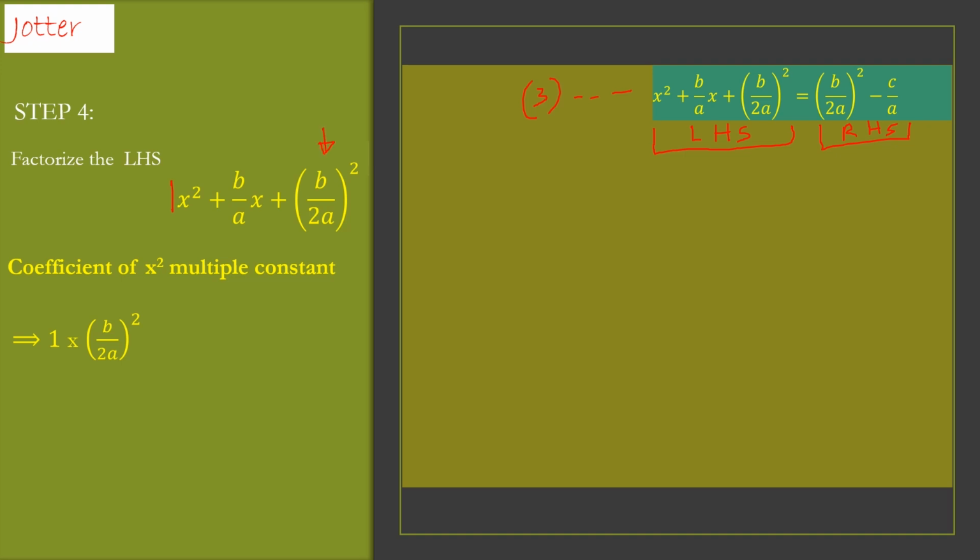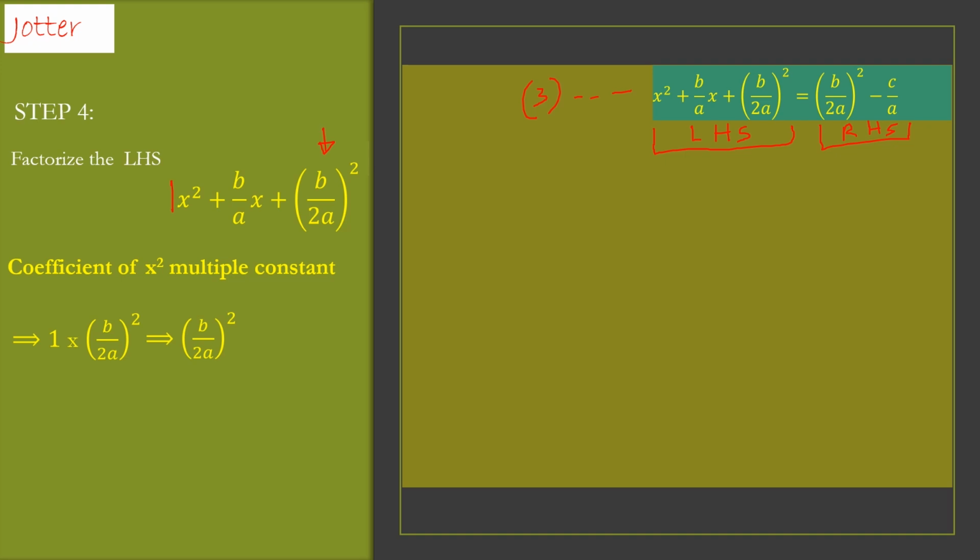So we have 1 times b over 2a squared, and this will give us b over 2a squared.